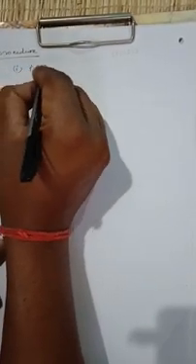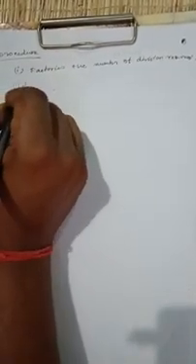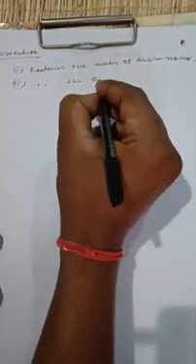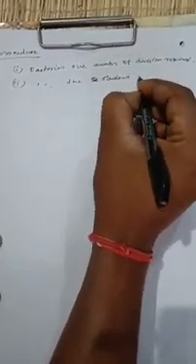Number 1, the number of divisions required. Number 2, the standard number 40.